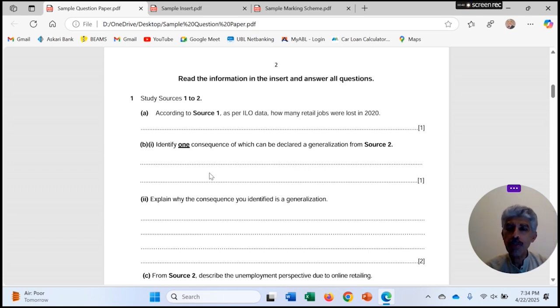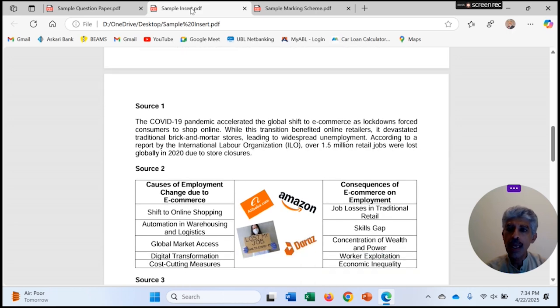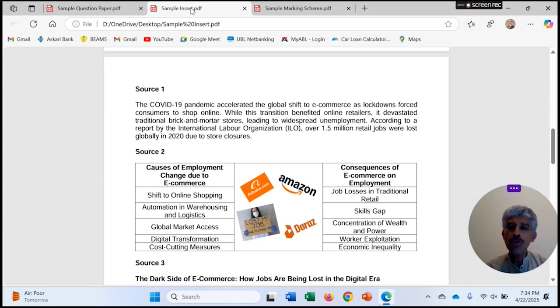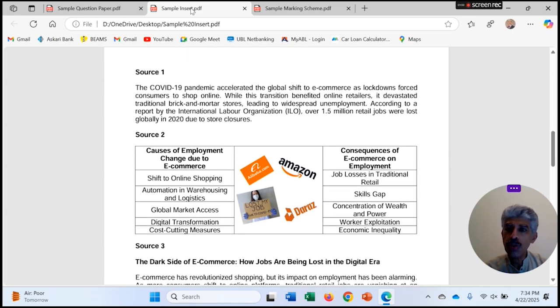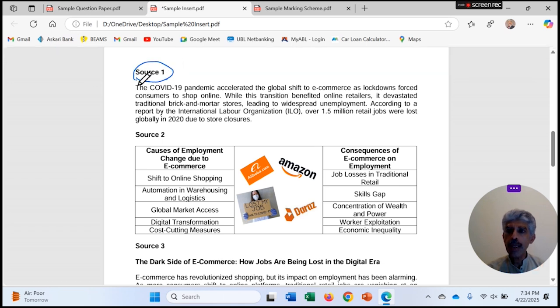As you know, this particular paper has an insert as well, and here is the insert of this one. In this insert you'll find 4 sources given. Here we have source number 1, and then source number 2, a table showing the causes and the consequences of e-commerce on employment.